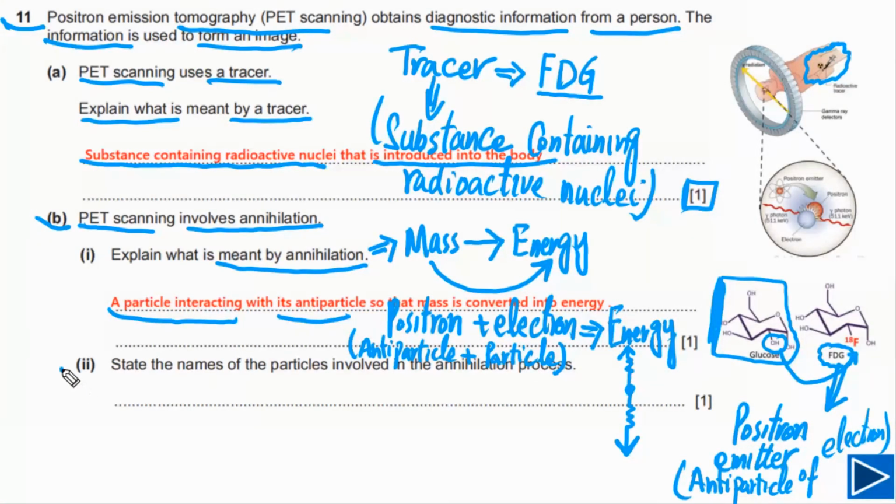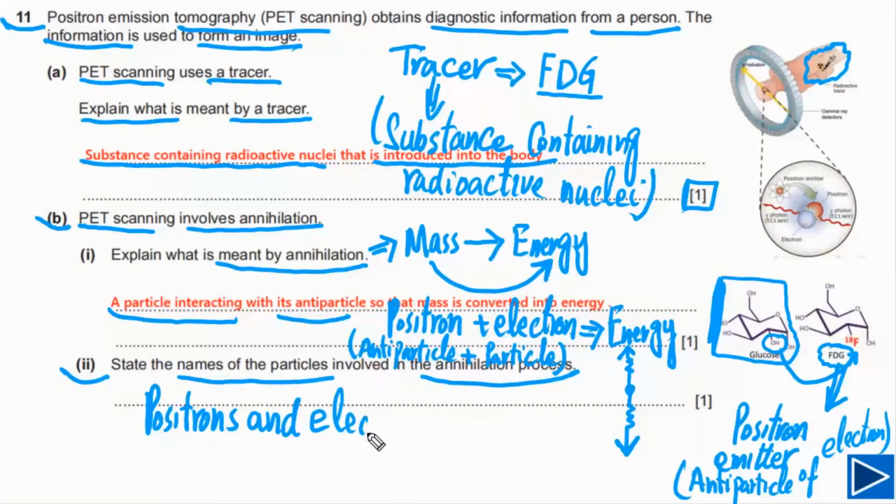Let's move on to the second part. State the names of the particles involved in the annihilation process. We have already discussed positrons and electrons, so you can simply write positrons and electrons. Positrons are emitted from FDG, the fluorine, which emits beta plus particles, meaning positrons, and they interact with electrons in the body of the patient.